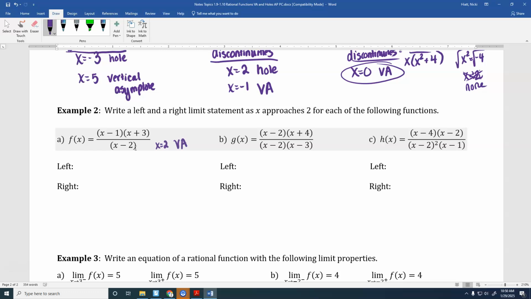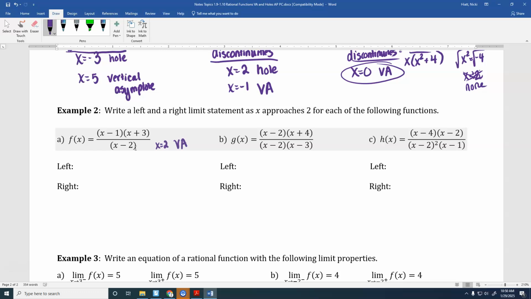So, what's the best way to do this without a calculator? Probably sign chart, I think. Either sign chart or making a table for that.